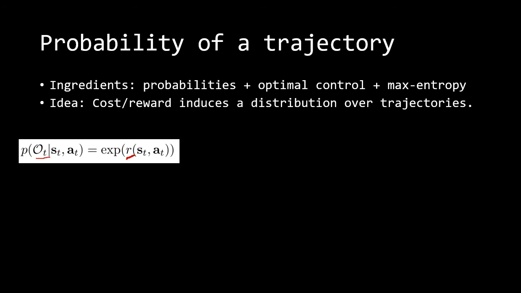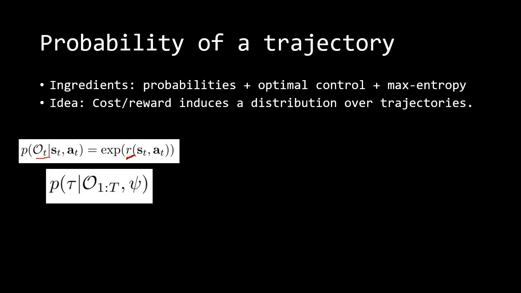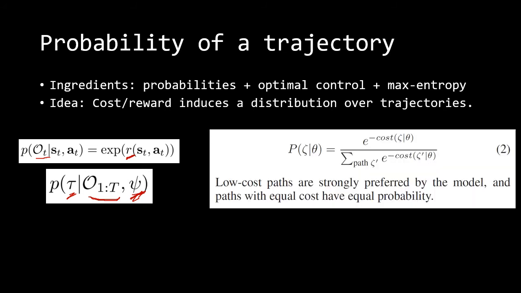Once you have defined a reward function, not all trajectories are equally likely to be generated by the optimal agent. So you then define the probability of a trajectory given a reward function that you have in mind at the moment. What's the probability of a given trajectory being optimal? Then you use the previous relation and you get that one.